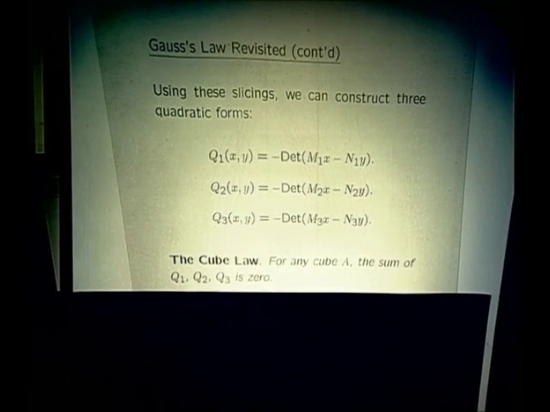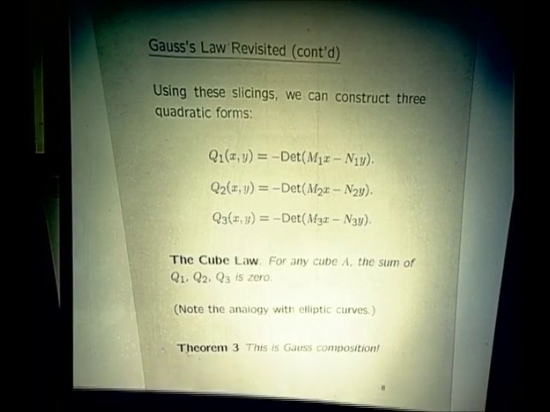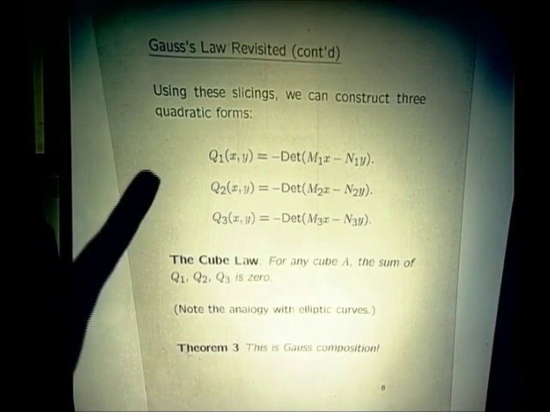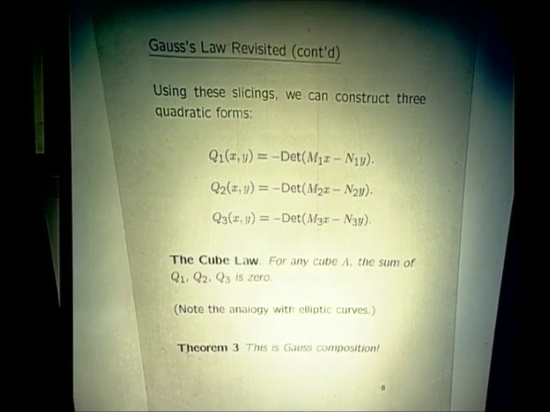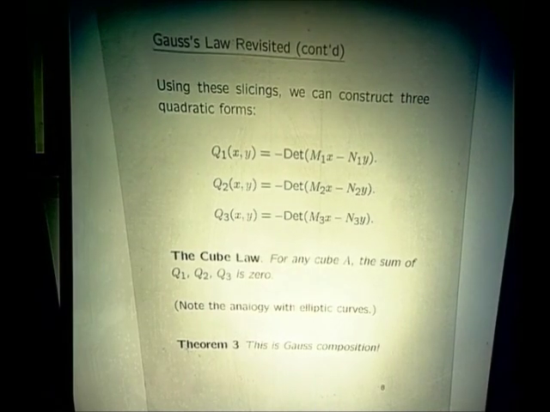The punchline is that this agrees with Gauss composition. So for every 2 by 2 by 2 cube, you get 3 binary quadratic forms, and the sum of them is 0 under Gauss's group law. So this gives a very short way of describing what Gauss composition is in terms of 2 by 2 by 2 matrices.